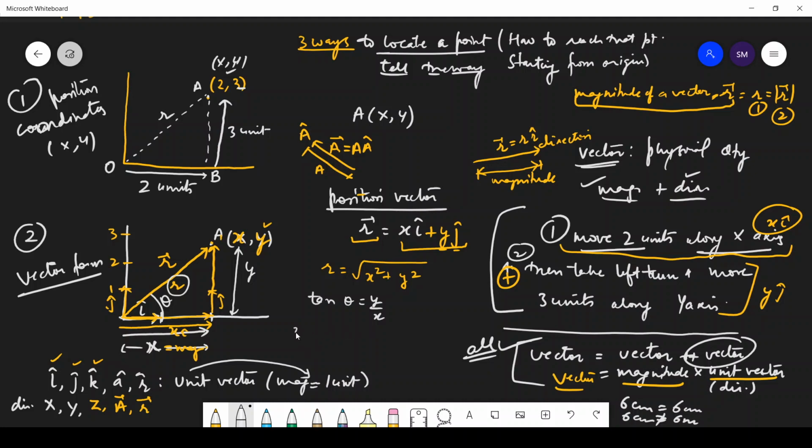What is x upon r? x is base upon hypotenuse, cos theta. So x is equal to r cos theta. What is y upon r equal to? Sin theta. So y is equal to r sin theta. This is how we resolve the components. Students, these are all the basics that you need to know.